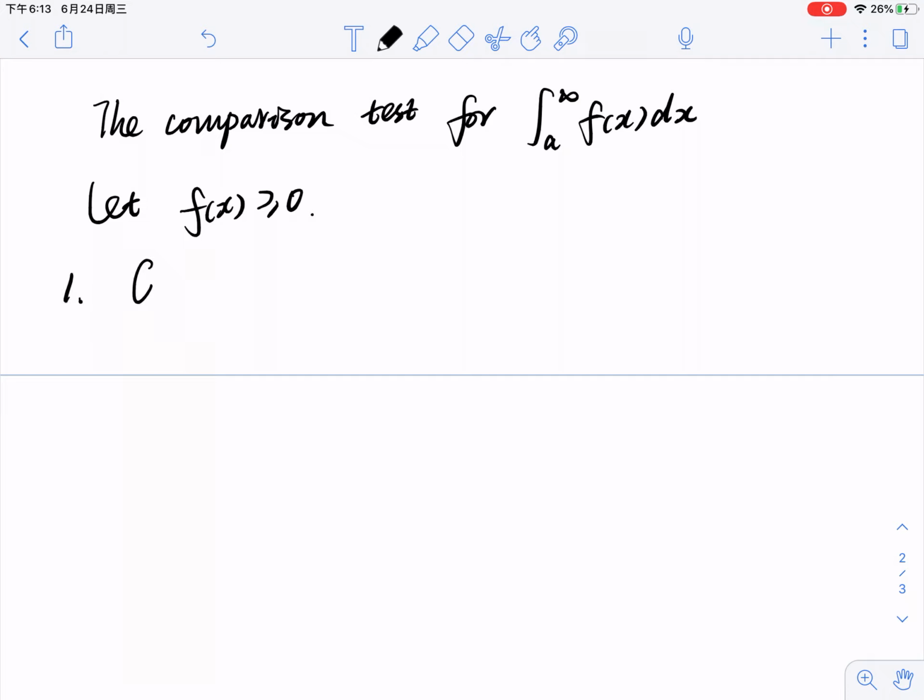First, we need to guess. How to guess? We can look at the integrand for large x, what the integrand behaves like, and whether it converges or not. This gives us a function to compare the integrand with. The second step is to confirm the guess by comparison.